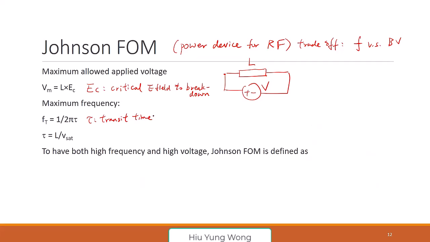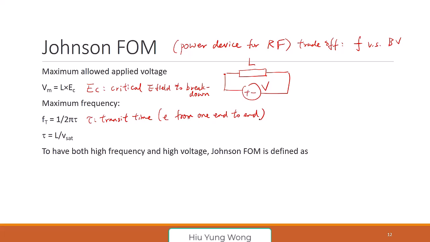If you want your signal to respond, you need to let the electron go from one end to another. It takes time. If your electron can go there in no time, then you can go with very high frequency. If your electron needs time to get in and get out, then your frequency is smaller. And by definition, the frequency is 1/(2 pi tau).